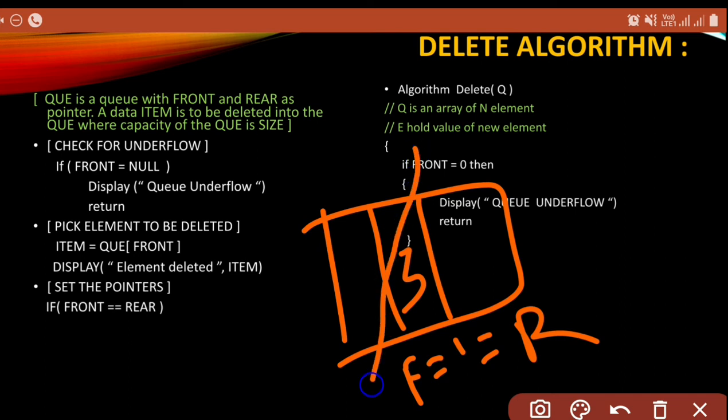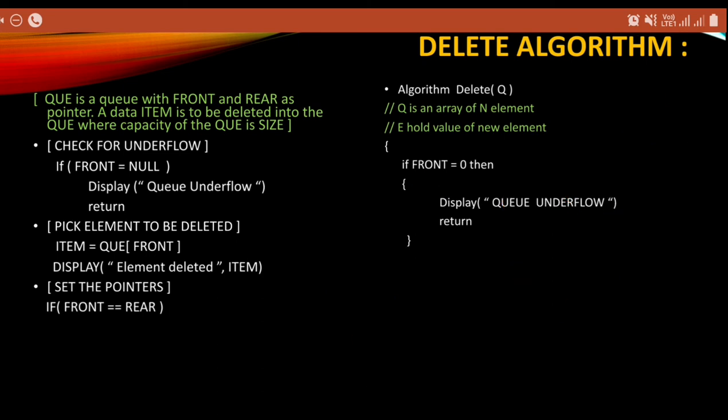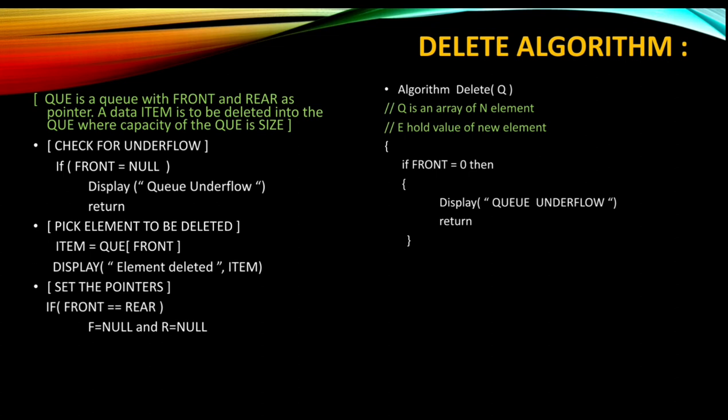Then what happens? Both front and rear should come to the -1 location, because now the queue is empty. That's why we have to set the pointer. If front and rear are both equal, then we set them to null in the algorithm. When we are dealing with programming, we keep them at the -1 location.